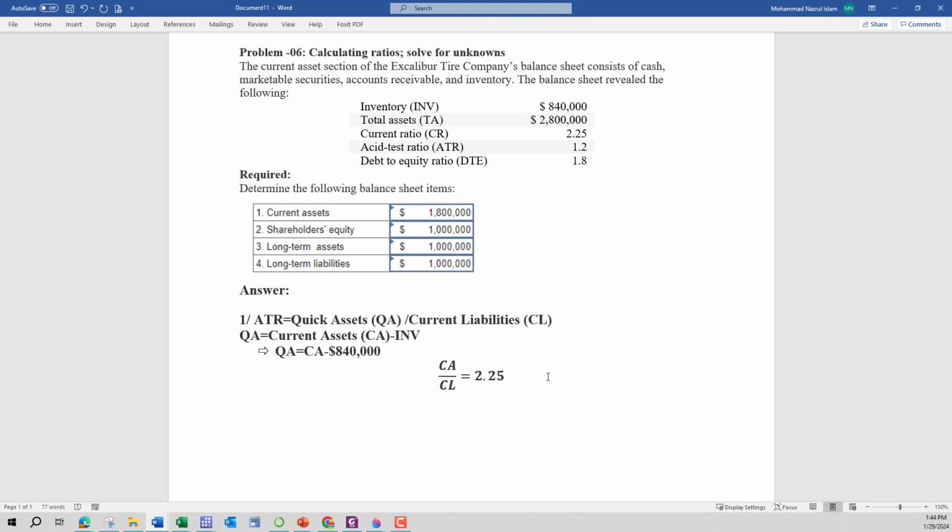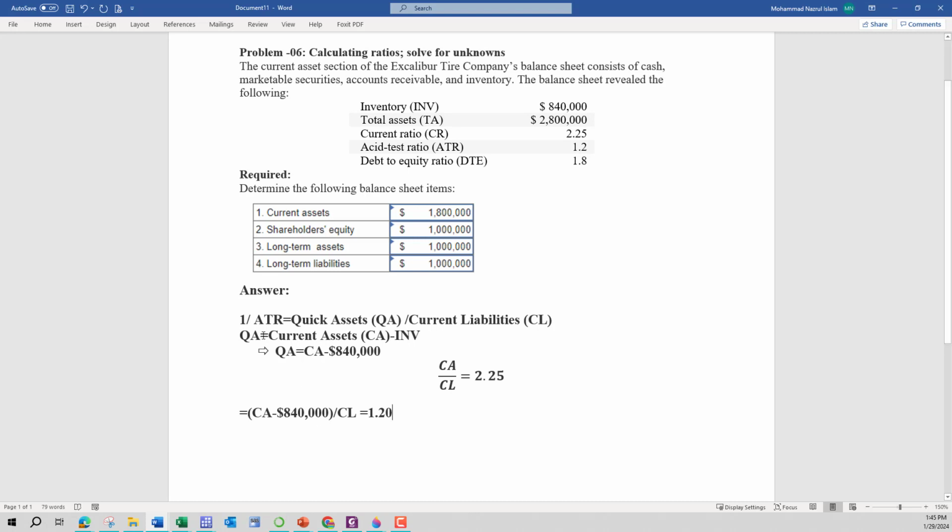Again we have been given the current assets. So now we can write: current assets minus 840,000, the whole divided by current liabilities, is equal to 1.20.